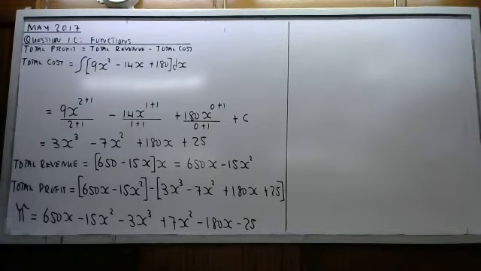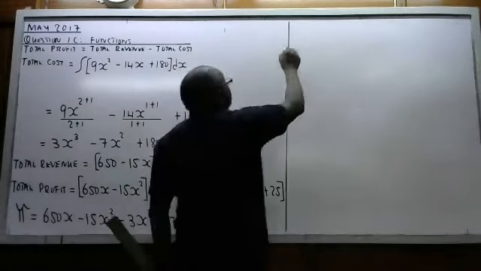So putting items together, 650 minus 180, you get 470.